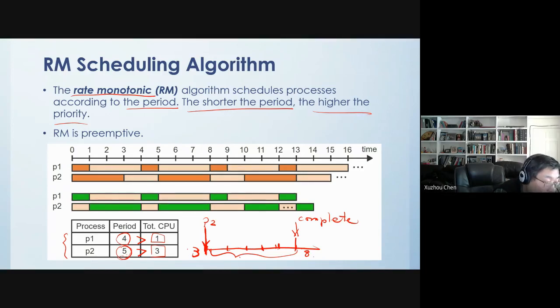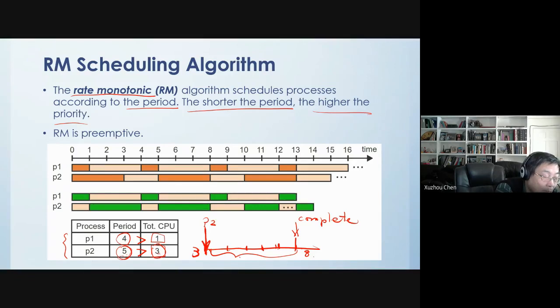So that means now if the CPU burst is 3 time units, if I request the CPU at time 3, and the scheduler immediately allocates it to process 2, then process 2 starts to execute at time 3.